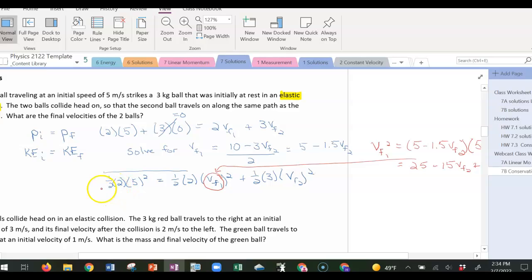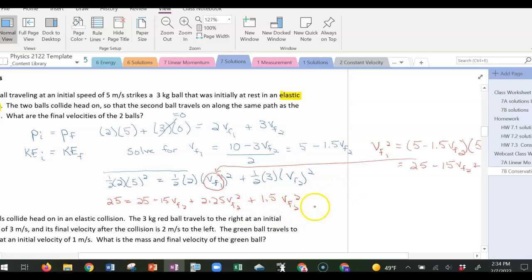Okay, so I'm going to have 25 equals 25 minus 15 VF2 plus 2 1/4 VF2 squared plus 1/2 VF2 squared. So let me simplify a little bit.